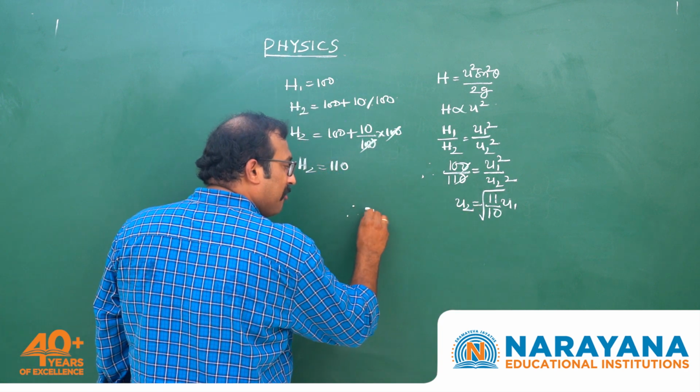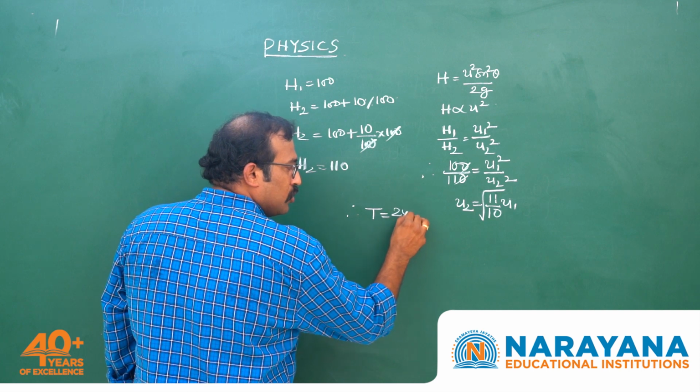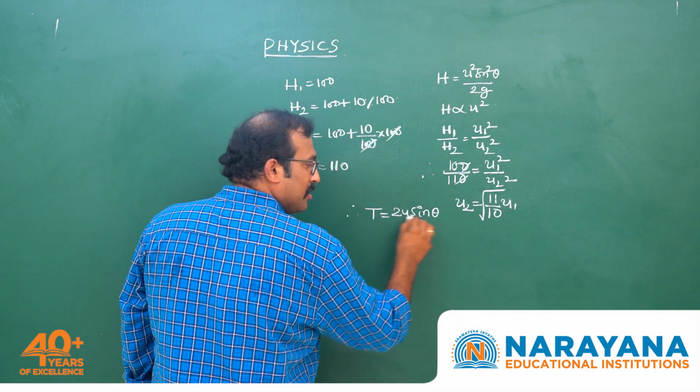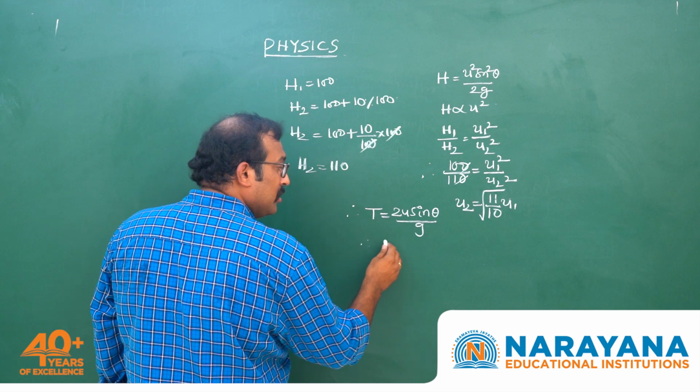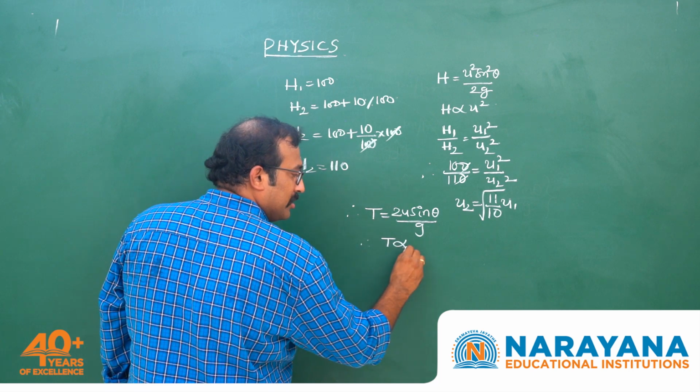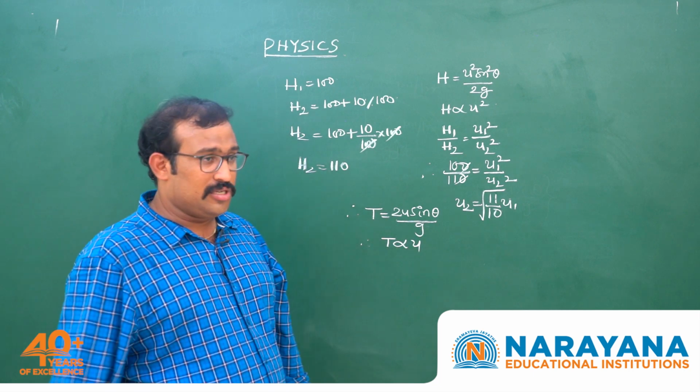Time of flight is given by the equation 2u sine theta by g. Therefore, time of flight is directly proportional to the initial velocity.